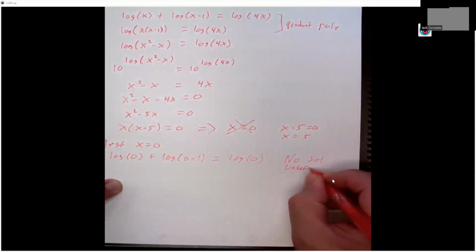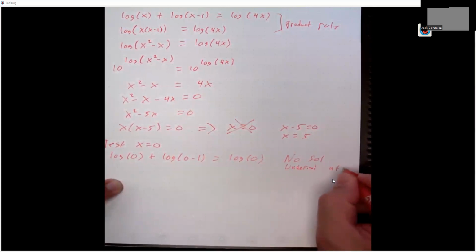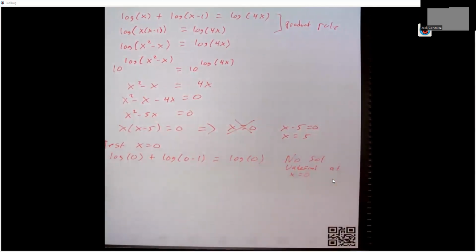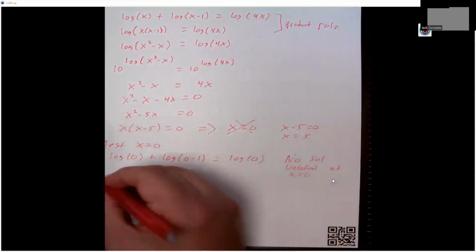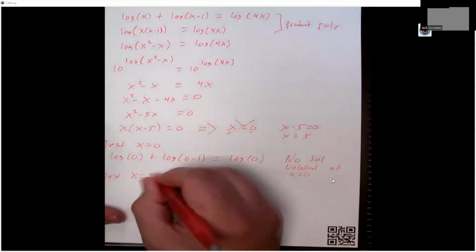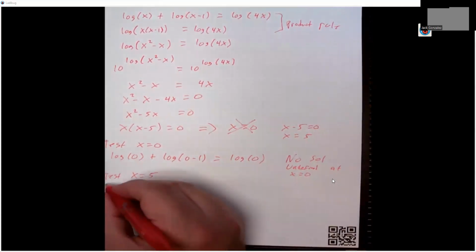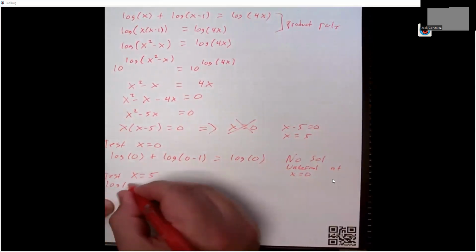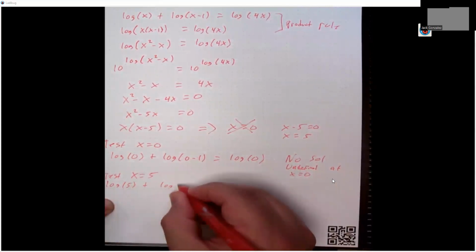It's undefined as x equals 0. So do not include this. So most likely this one's an answer, but we still got to test. It is possible that both of them fail. So plug in the 5. Plug in the 4.